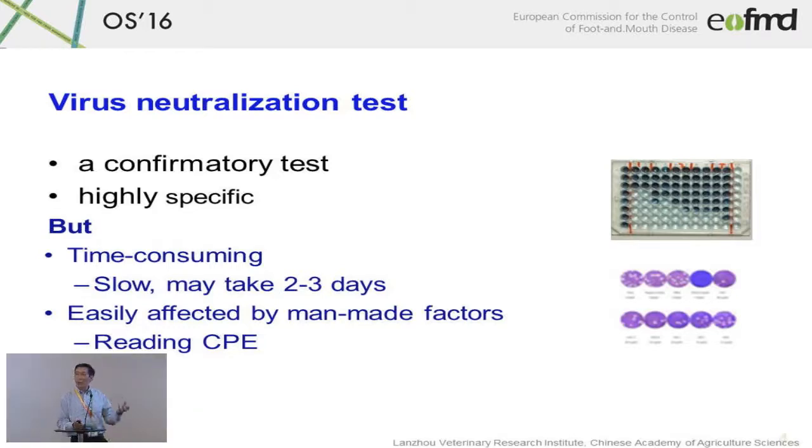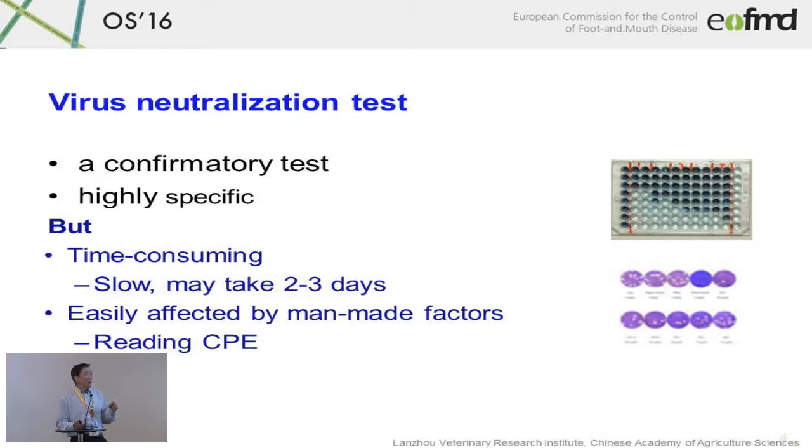When you do the ELISA test, sometimes you get results and you're not sure whether it's positive or negative, true positive or false positive, so you normally go for the virus neutralization test. Also with the 3ABC test, if you get a positive, you need another assay to confirm your results. So the virus neutralization test is the most recommended assay you can choose. It's highly specific, so it's a very reliable test.